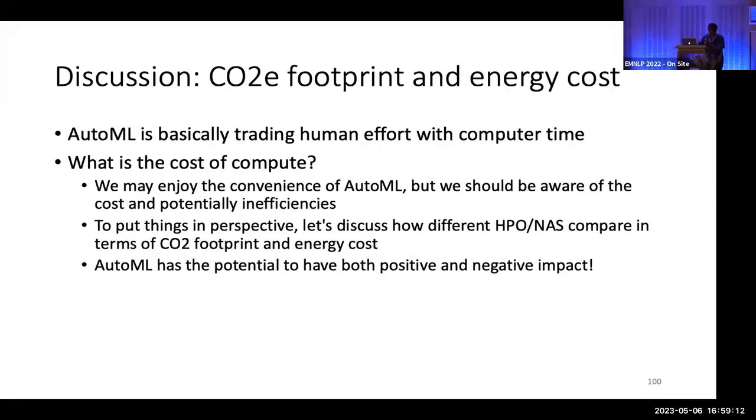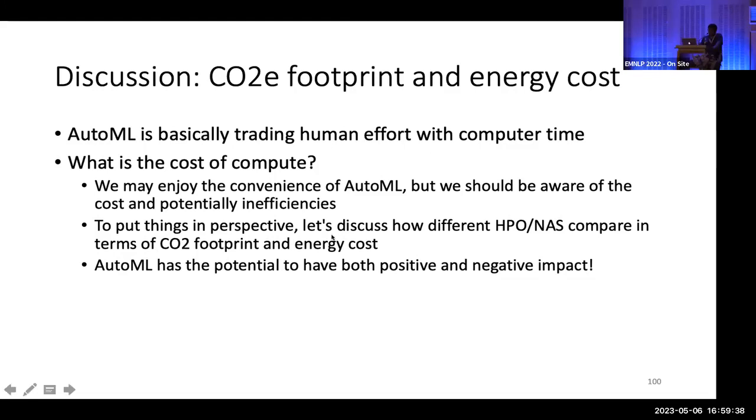All right, any questions so far? Okay, so now let's switch gears a bit and talk about carbon footprint. You can imagine AutoML is basically trading human effort for compute time, right? So we should also think about what the compute effort is. What's the cost of it?